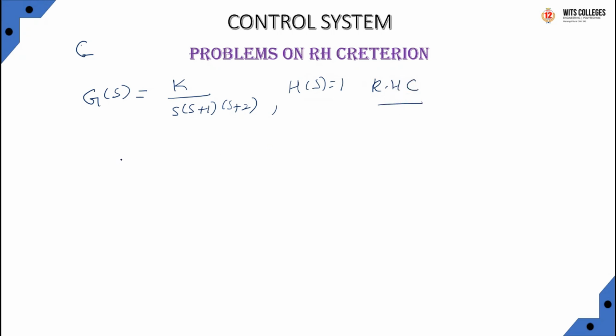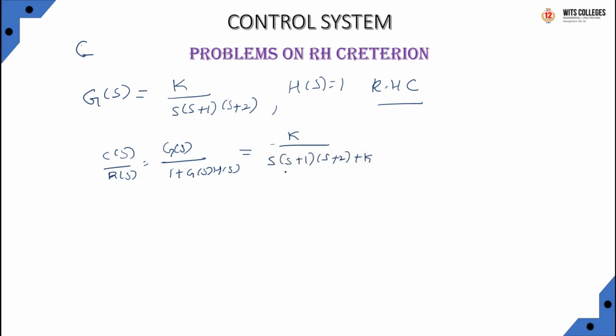This is converted into a closed loop system, that is C of S by R of S, equal to G of S by 1 plus G of S into H of S. By simplifying we get the final equation, K by S into S plus 1, S plus 2 plus K.